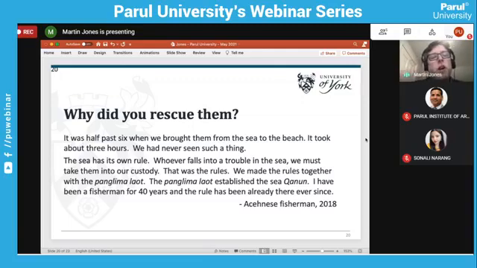What this fisherman, though, is talking about is a set of rules that you and I would describe as the law of the sea, that was formulated during the Sultanate and was passed on both orally and sometimes in writing through the institution of the Panglima Laut, which was a government institution during the time of the Sultanate, and now I suppose would be described as a professional association of fishermen. It translates literally as the commanders of the sea.